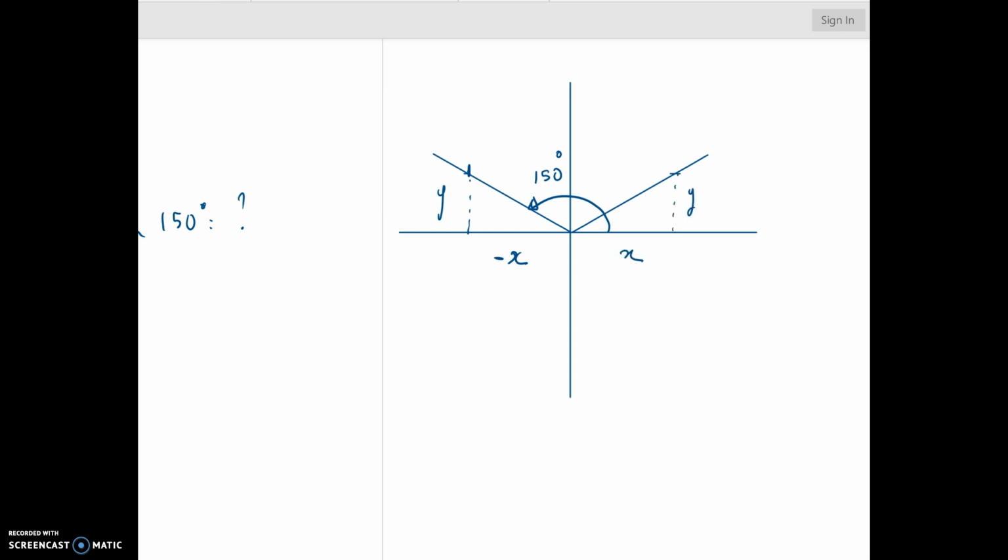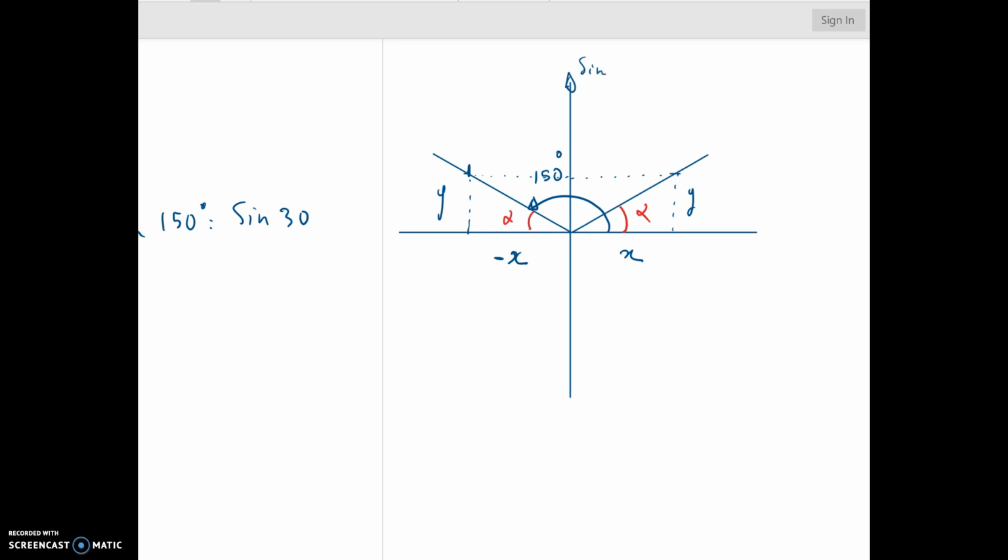I know that this is the reference angle. This reference angle is also right there. And if I look at the sine of 150 now, I realize that it's exactly the same thing as the sine of 30 degrees. I can see clearly that I have exactly the same value of the sine.